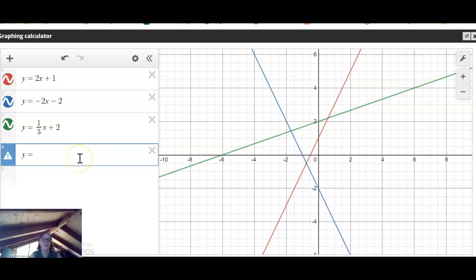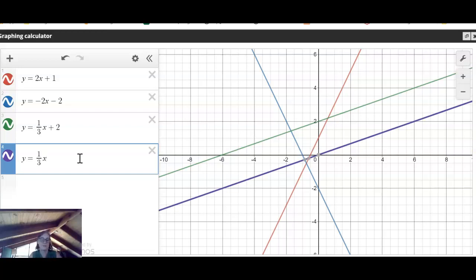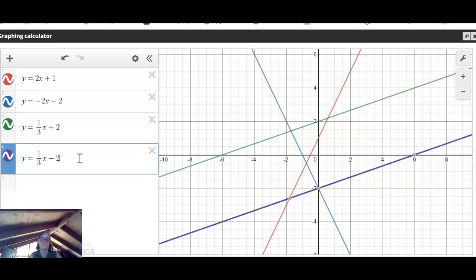I could do y equals 1/3 x minus 2. So it's parallel to this line because they have that same rise over run, and I can see it's 1/3, up 2 over 6, that's 1/3. So I can see all that.